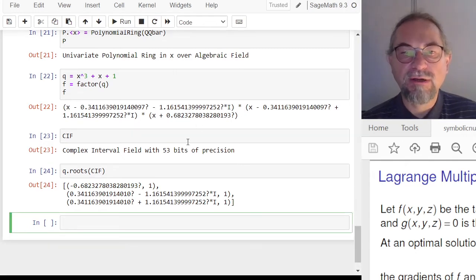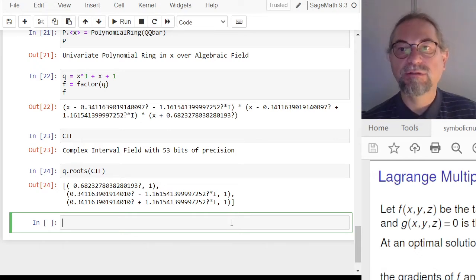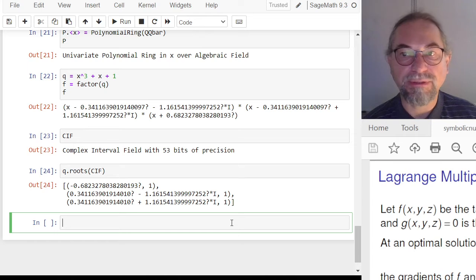So the roots are listed as tuples with the second field in every tuple the multiplicity. So all roots appear only once with multiplicity 1.